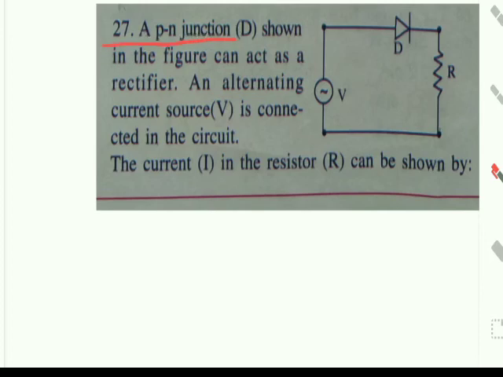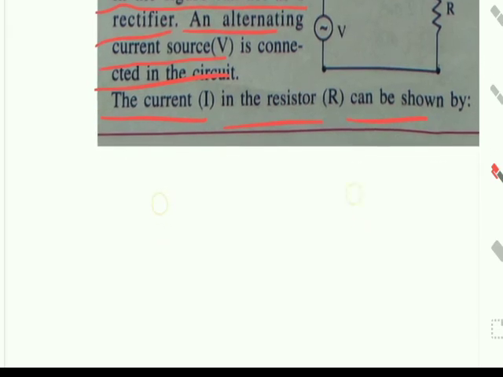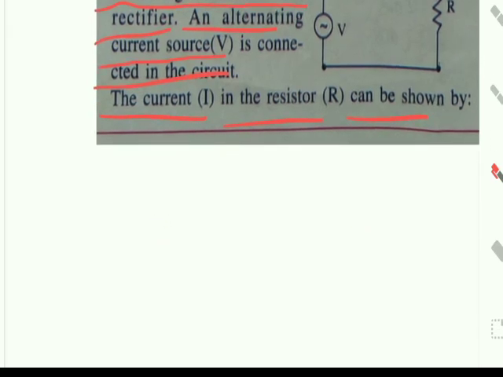A PN junction D, nothing but a diode, shown in the figure can act as a rectifier. An alternating current source V is connected in the circuit. The current I in the resistance R can be shown by, okay, he is asking for the output.